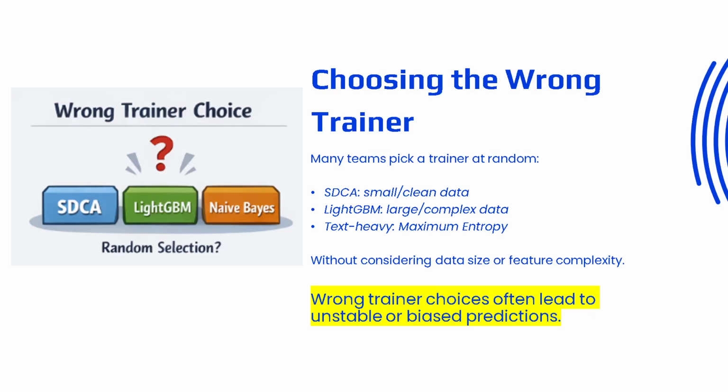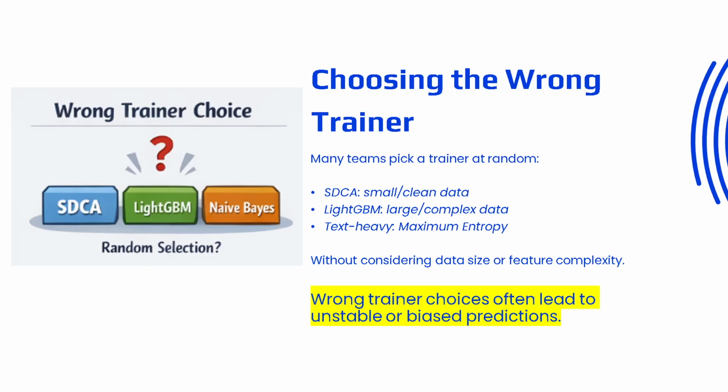As you already know from regression, you have several trainers, but you should understand what kind of data and what kind of problem you have, and which is the right trainer for you. So choosing the right trainer is a must. If you choose the wrong trainer, this definitely leads to unstable or biased predictions. So your prediction would not be right.